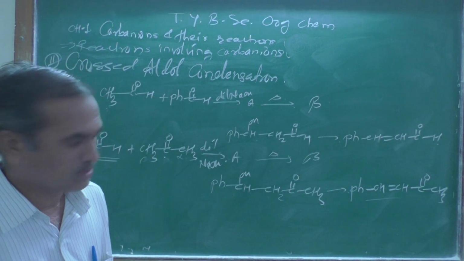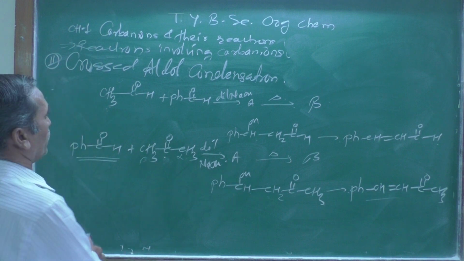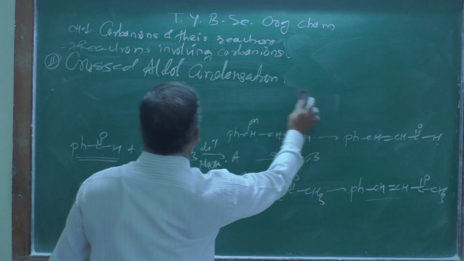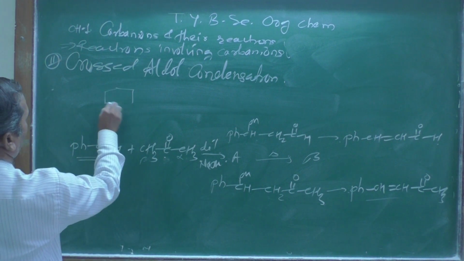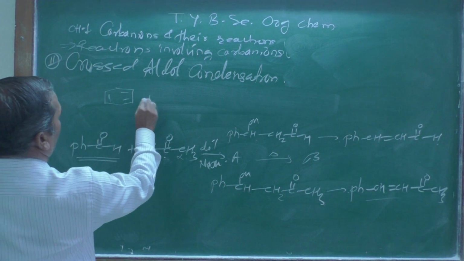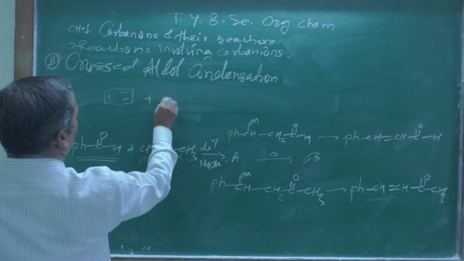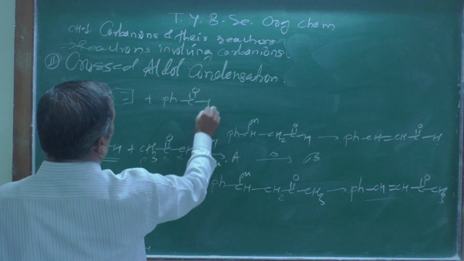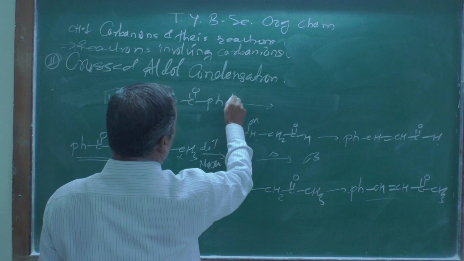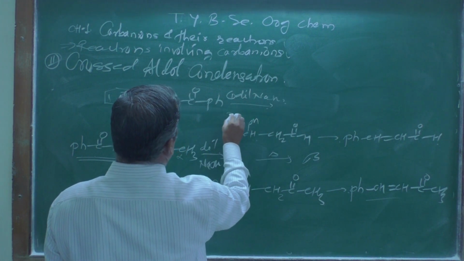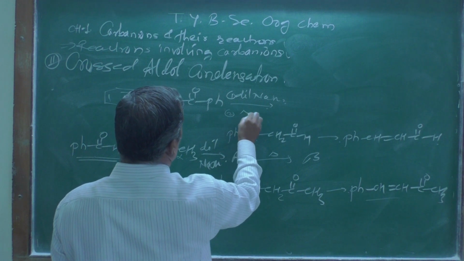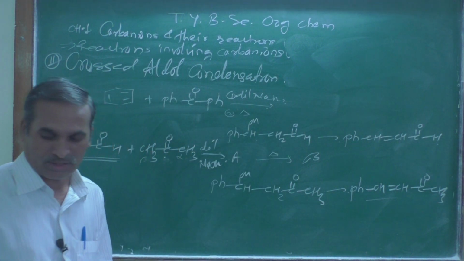So suppose I am taking over here, suppose you have this one, a benzaldehyde, and another one maybe this one, Ph C double bond O Ph, and first one dilute NaOH, second one, just heating. Does the reaction take place?